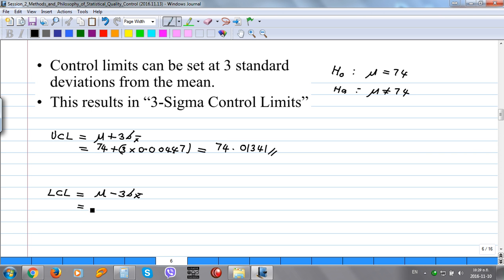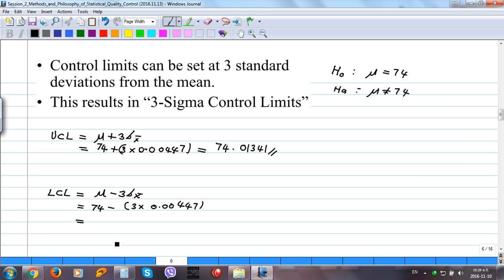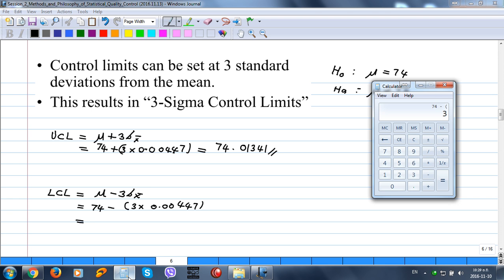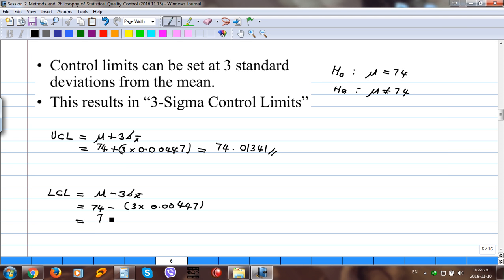So mu is 74 minus 3 times 0.00447, and the answer is 73.98659.